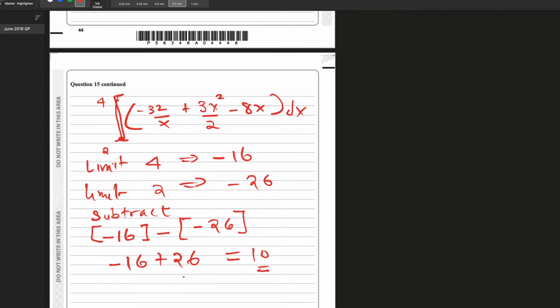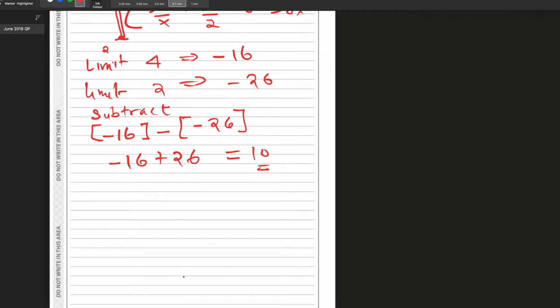Now let's look at the differential of that.